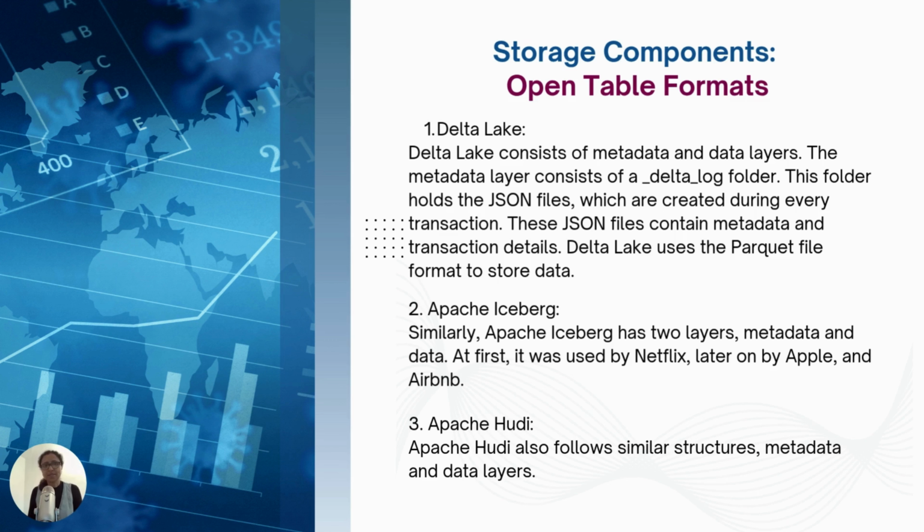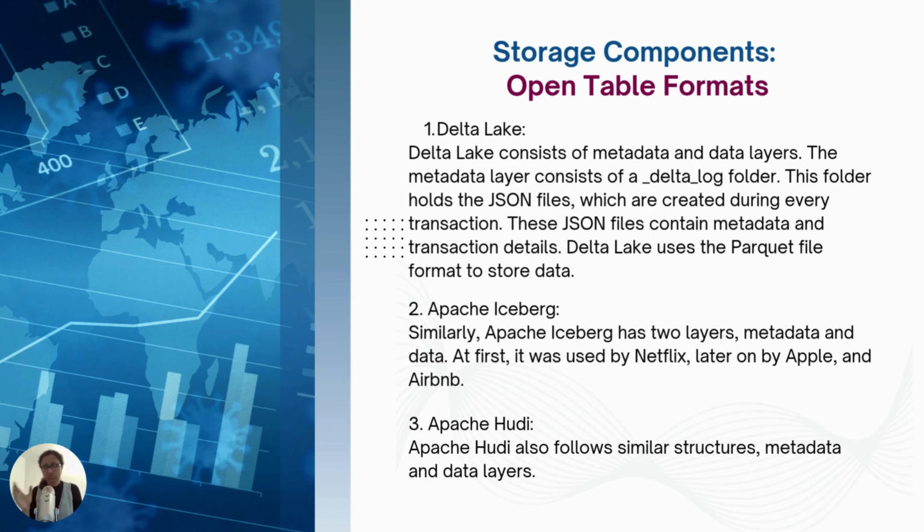Second is Apache Iceberg. Nowadays it is very popular. Similarly, Apache Iceberg has two layers, metadata and data layer. At first, it was used by Netflix and later on by Apple and Airbnb. They are also using this. Then Apache Hudi. Apache Hudi also follows a similar structure, metadata and data layer.